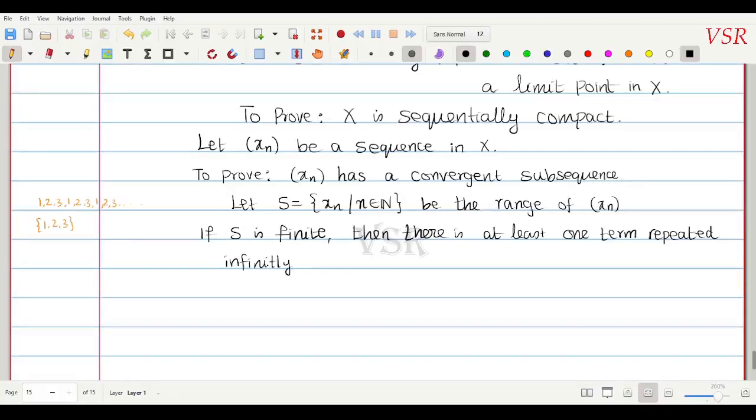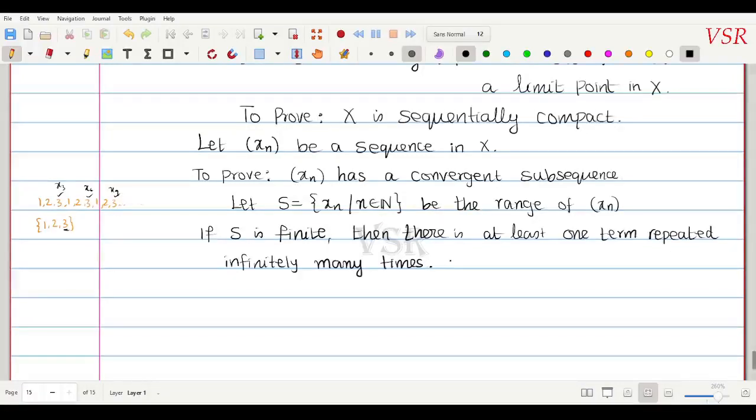For example, here, if it is finite, the 3 is repeated infinitely many times, correct? So this is x3, x6 and x9, all of them are 3.